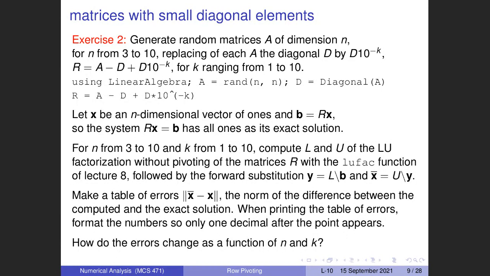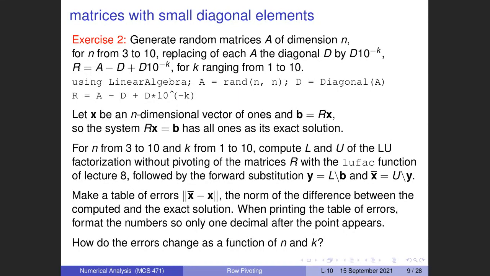In Julia, I give the instructions here. You have this matrix R, and you make a vector of ones to give you the right-hand side. So we know what the exact solution is.